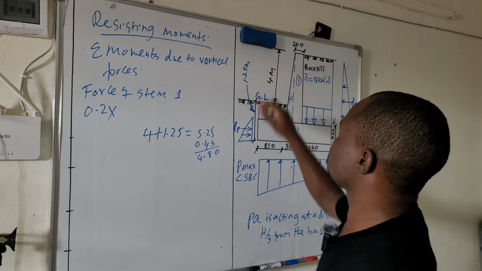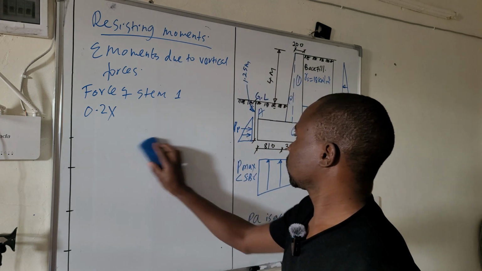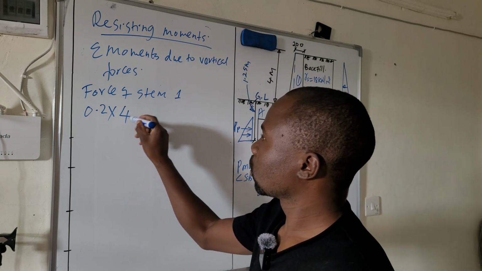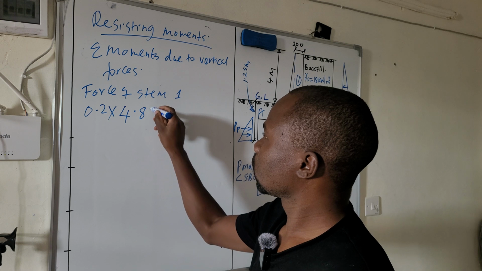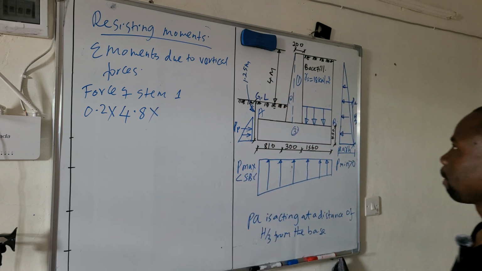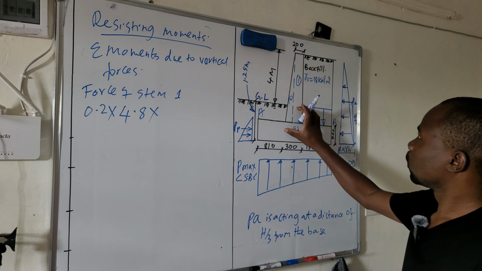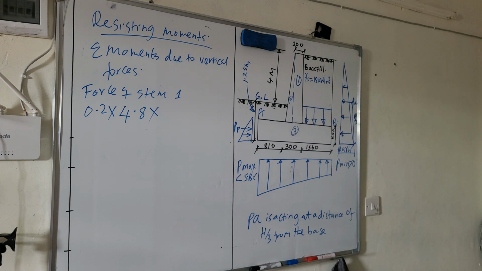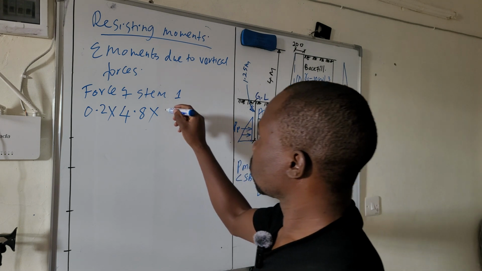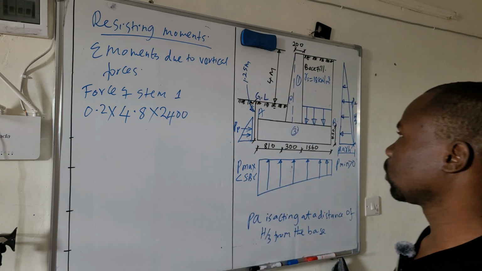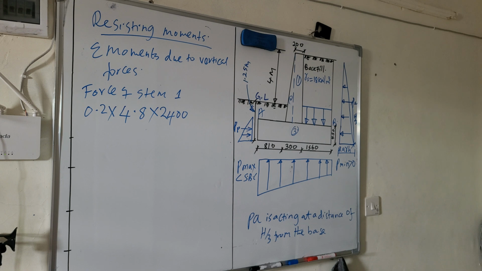So it is 4.8 times 4.8 times the unit weight of this concrete retaining wall, which is 24 kilogram per meter cubic.